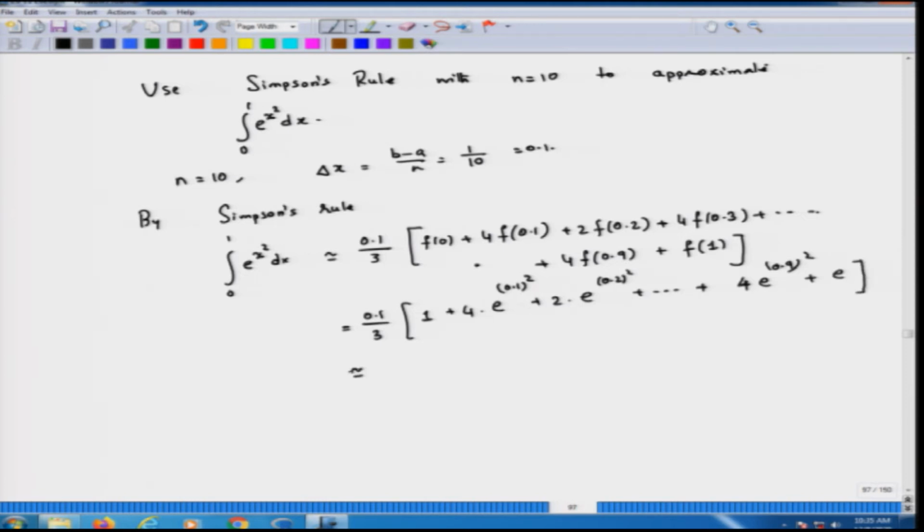So, approximately we can write this as 1.4 if you calculate with your calculator. So, this is what you are going to get.